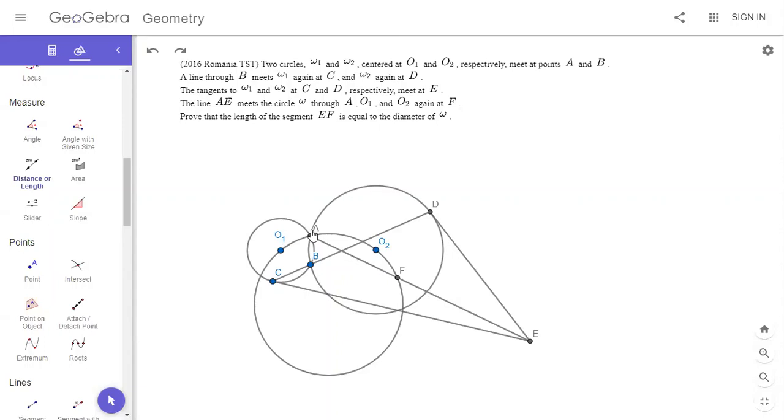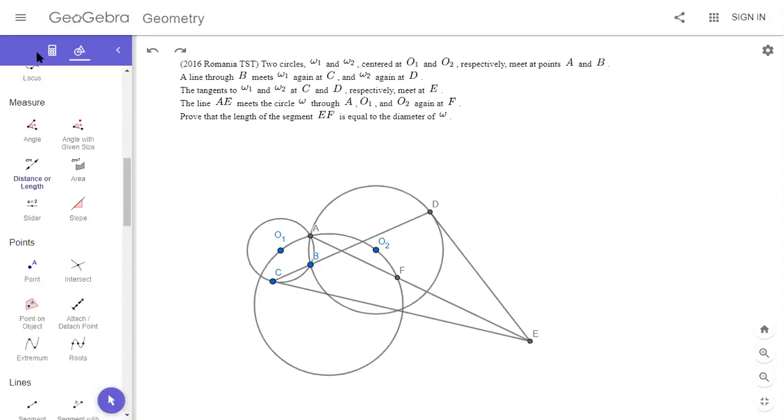So EF times EA is ED squared. Oh no, EF times EA isn't ED squared. It's whatever the power of E with respect to this circle.